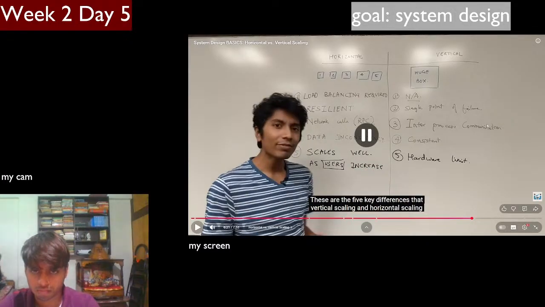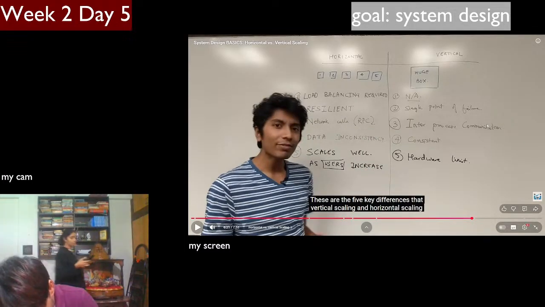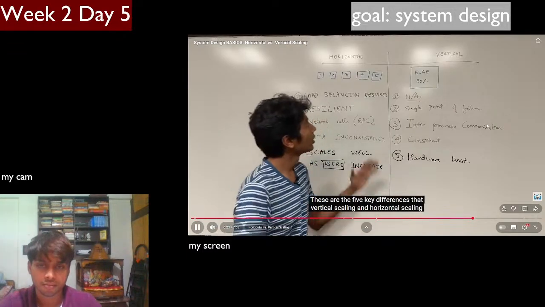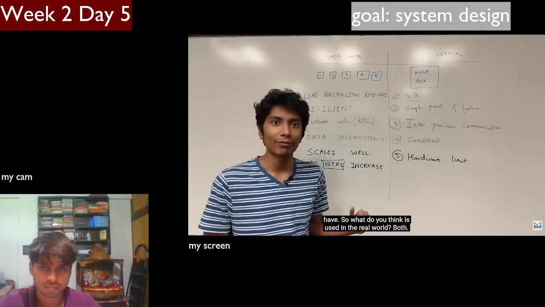These are the 5 key differences that vertical scaling and horizontal scaling have.